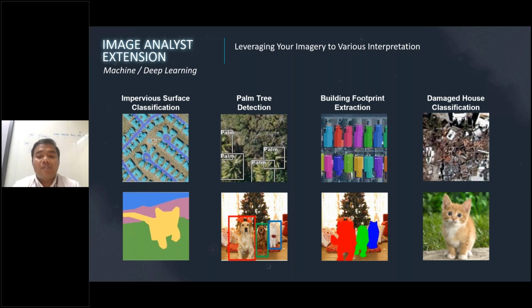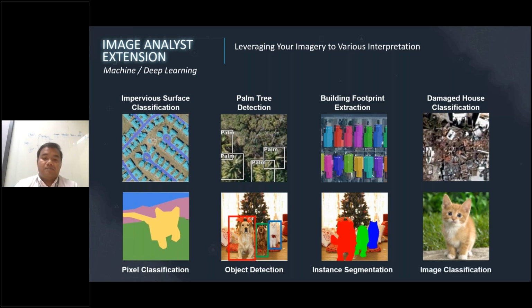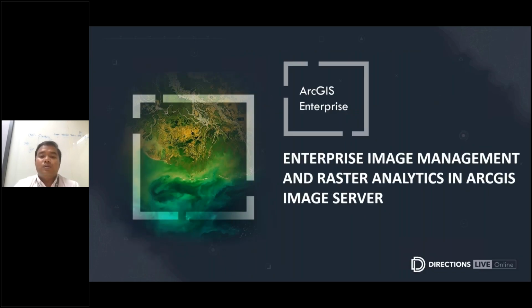There are many computer vision tasks that can be accomplished by deep learning and neural networks. And Esri has developed tools that allow you to perform pixel classification, object detection, instance segmentation, and the last one is image segmentation.